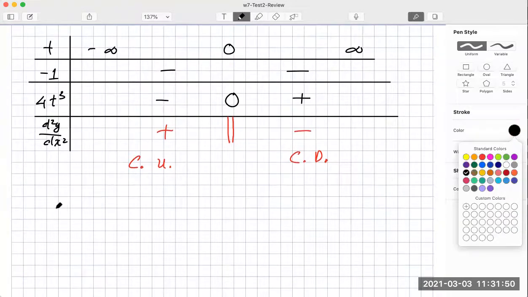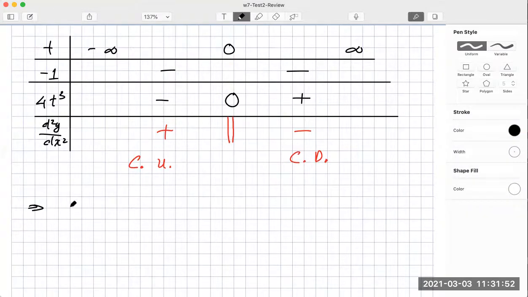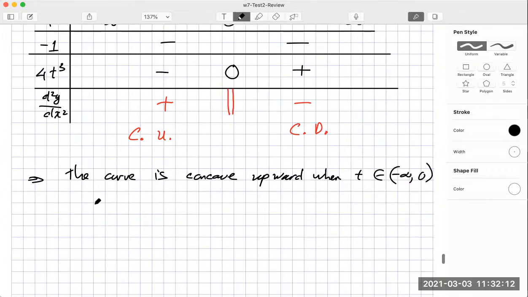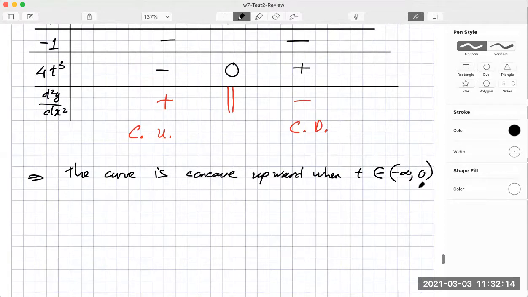So the curve is concave upward when t is from the interval negative infinity to 0. Remember, this is the parenthesis here.